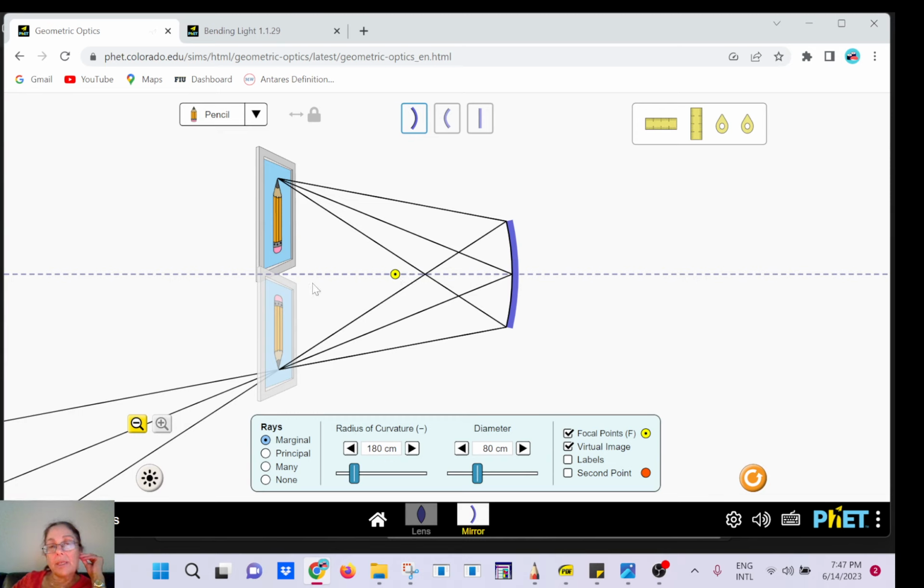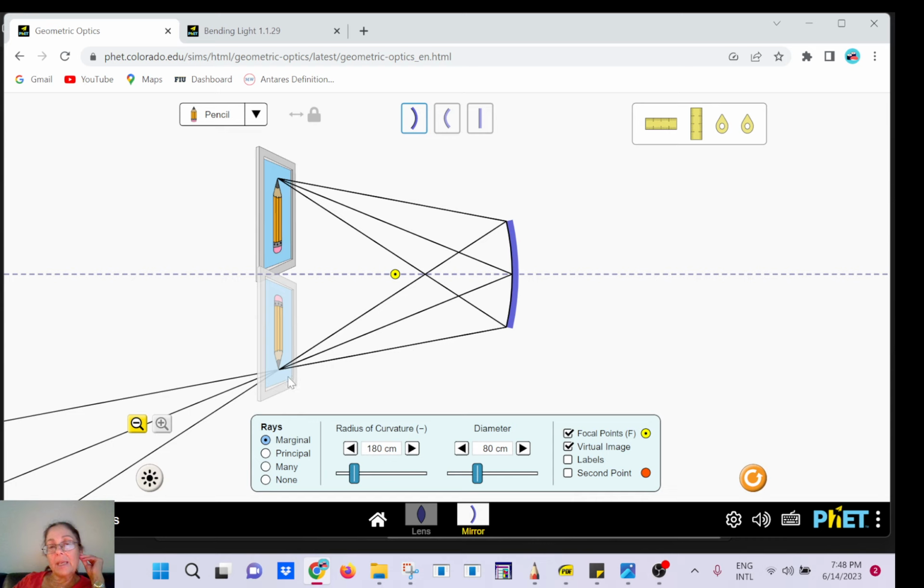This is twice the focal distance. Twice the focal distance is the radius of the mirror, right? It has a curvature here, and if you extend, make a circle, that's going to be the radius of the mirror.